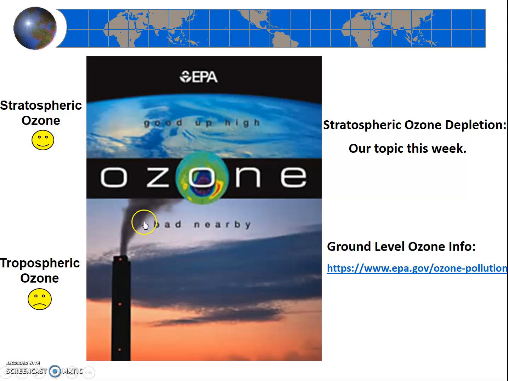So again, to review, in the troposphere, ozone is a pollutant that damages our lungs. But in the stratosphere, ozone is beneficial. It's naturally formed, and it blocks UV radiation.